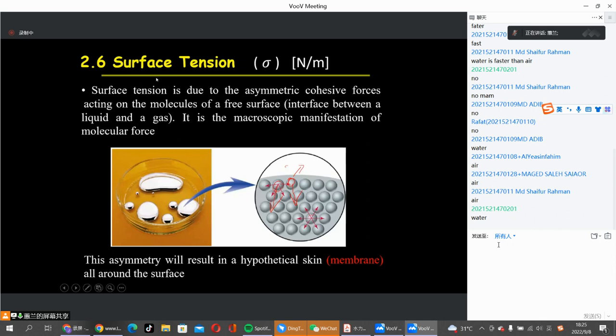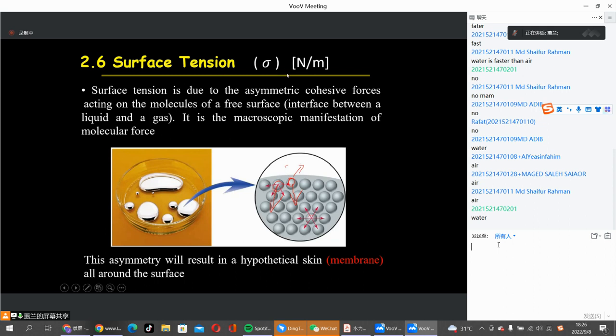This is the reason for the surface tension force. The surface tension force is actually the result of the asymmetrical cohesive forces acting on the molecules of the free surface.